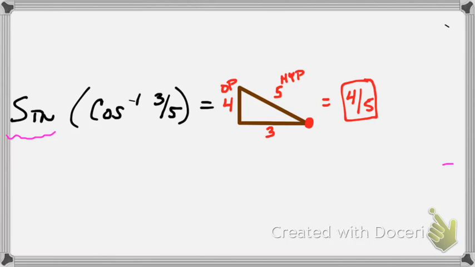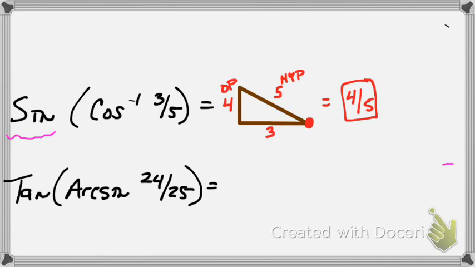All right. I want you to try this one. I want you to find the tan of the arc sine of 24/25. Same idea as the one above it. I've got a triangle, clown nose angle. The sine of that angle is 24/25. So we've got opposite over hypotenuse being 24/25.